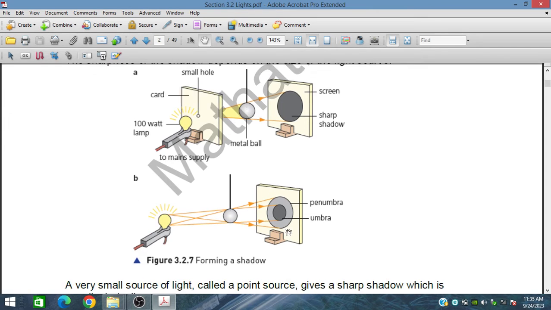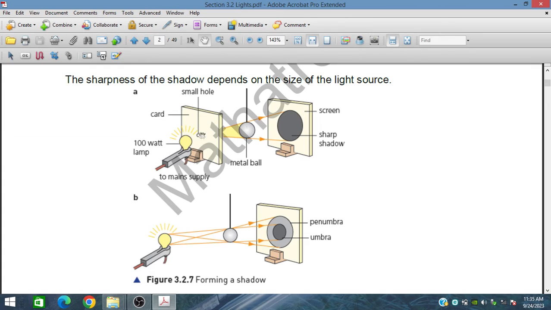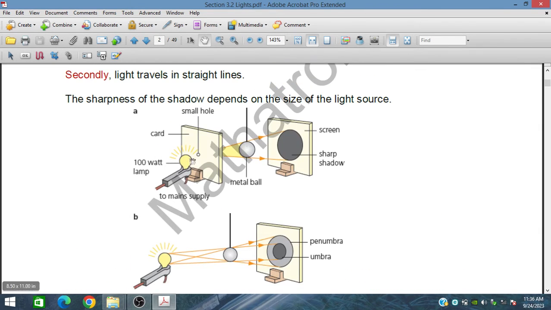A very small source of light, called a point source, gives a sharp shadow which is equally dark all over. This may be shown in figure 3.27a, where the small hole in the card acts as a point source.